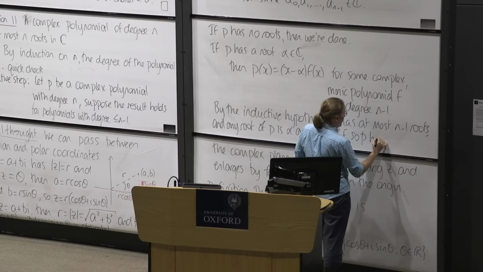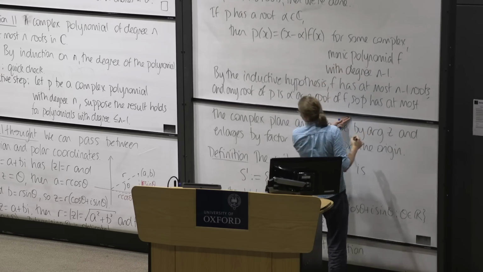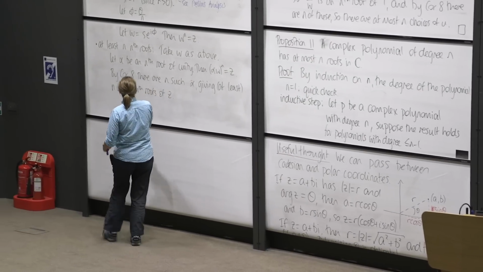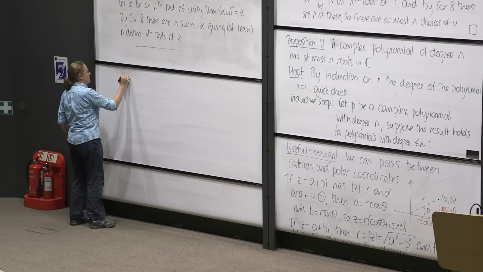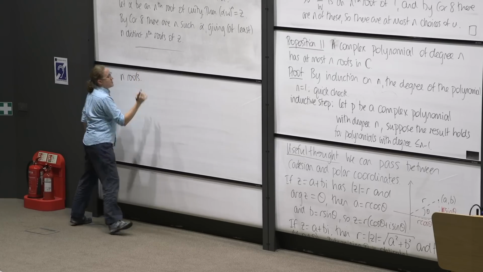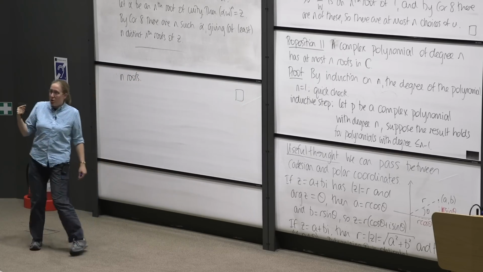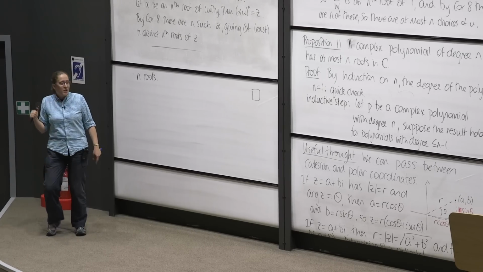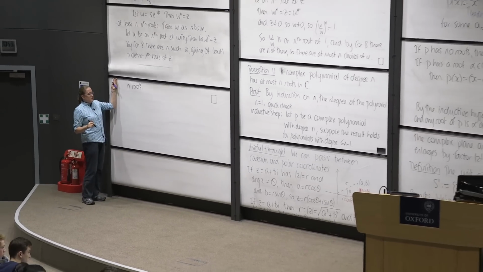So P has at most n roots. And that completes the induction argument. So proving that a complex polynomial of degree n has at most n roots is not too difficult. I mean, I've gone through that fairly swiftly. You're going to want to look at that in your own time, but it's very doable.